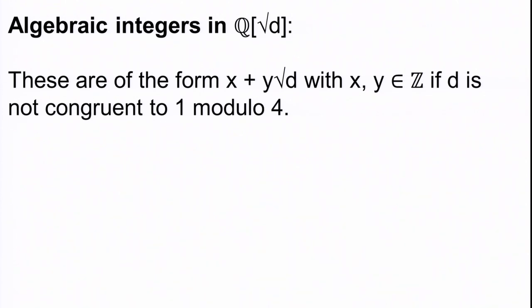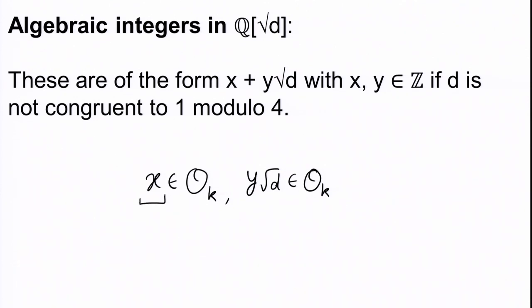Note first of all, one very simple observation: x being an integer is in OK, and y root D, if y is an integer, is also in OK, because any integer is going to satisfy a monic degree 1 polynomial.